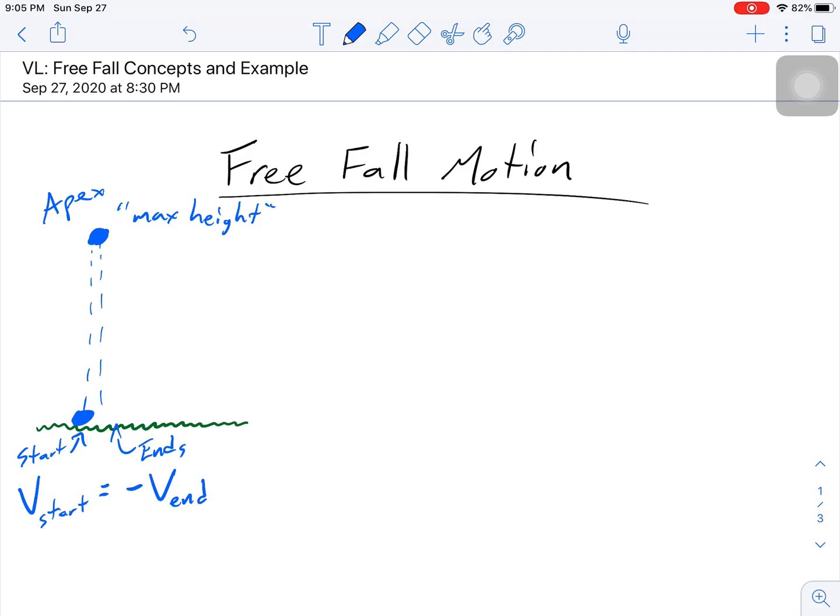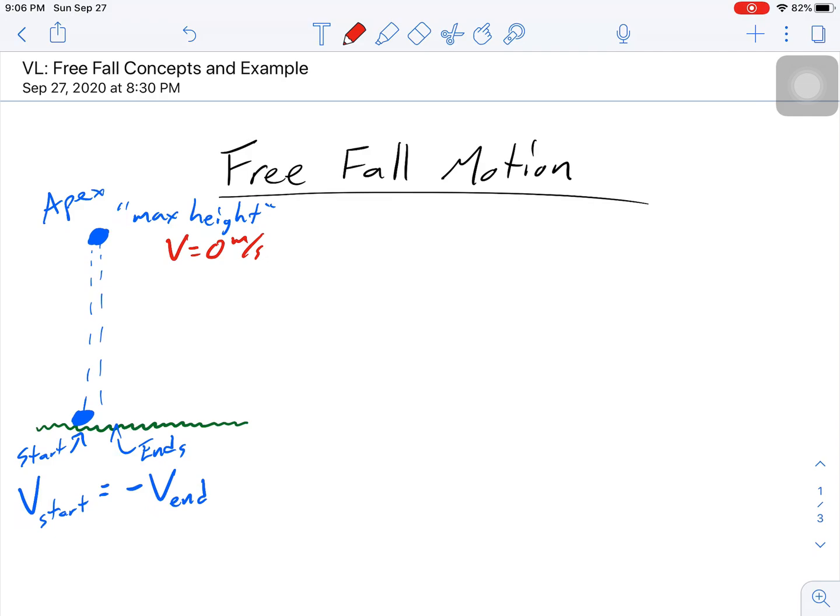So at that maximum height, the velocity is 0. Now, I'm not going to call that max height an initial or a final velocity because we don't necessarily know that. If a question states, hey, when it reaches the maximum height, and it refers to that max height as the final conditions, then we could call that V of F. Sometimes, if an object starts at its maximum height and then drops down, that could actually be the initial velocity.